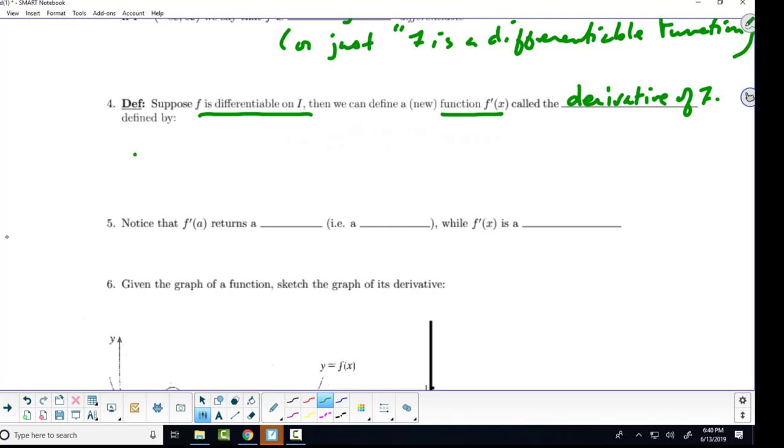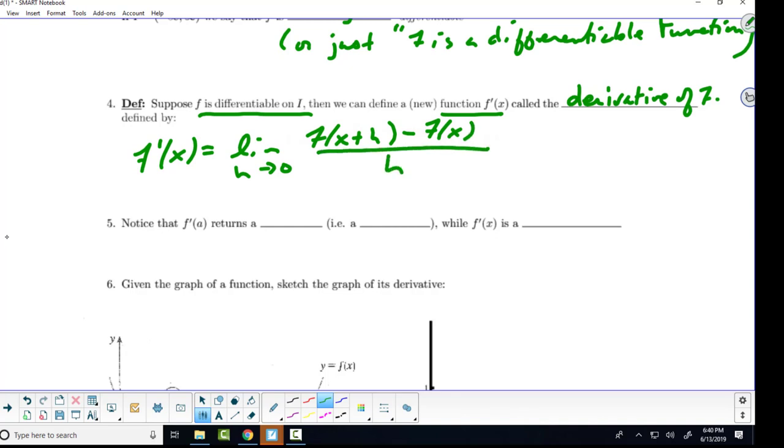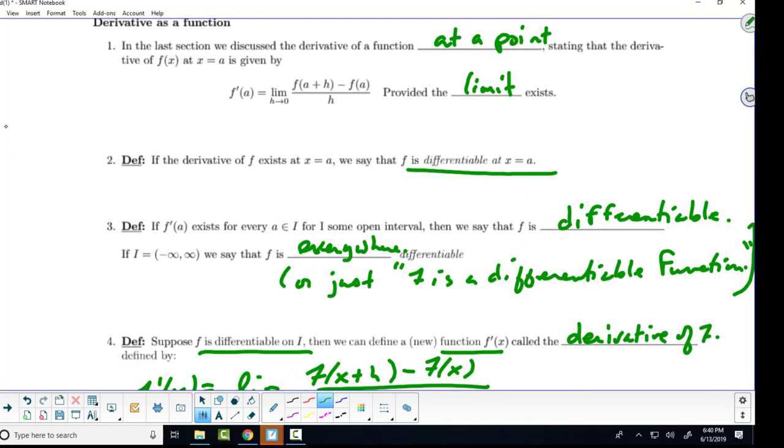And the definition of this derivative is the limit as h approaches 0 of f of x plus h minus f of x all over h. He just keeps writing the same expression over and over again. No. Is this the same expression as before? Is this the same definition that we put up here?